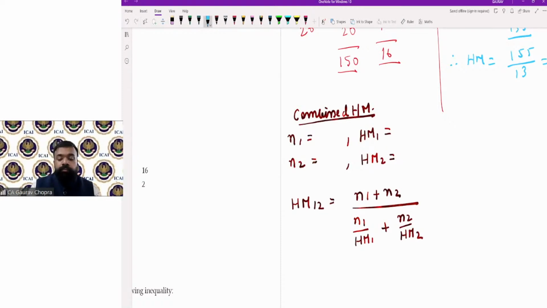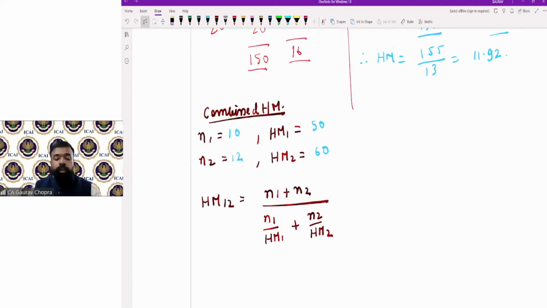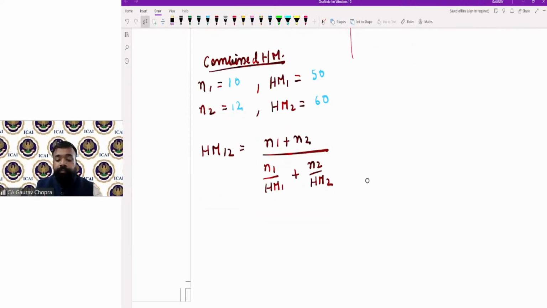Now let's take some values. N1 is 10 and HM1 is 50. N2 is 12, HM2 is 60. Now you have to combine all these values and calculate the combined harmonic mean. So 10 plus 12 divided by 10 upon 50 plus 12 upon 60. So 22 divided by 2 by 5.